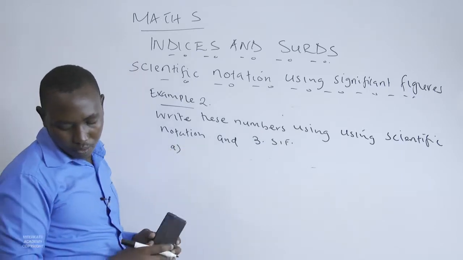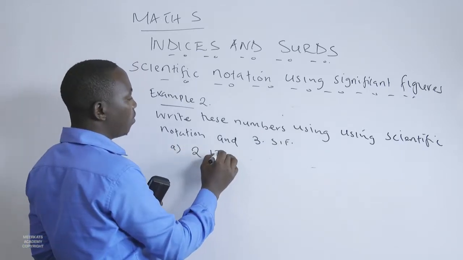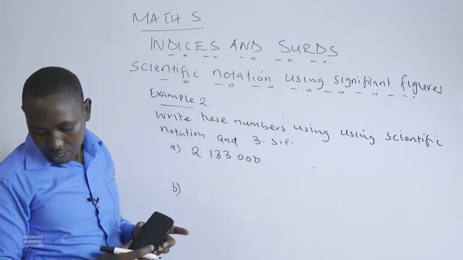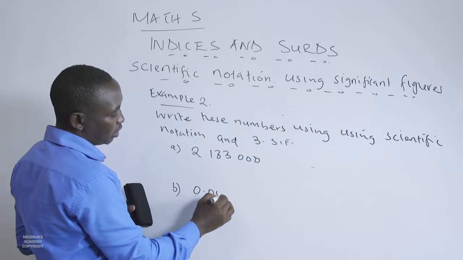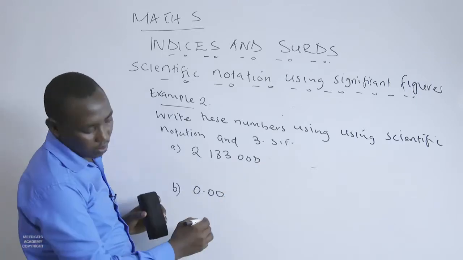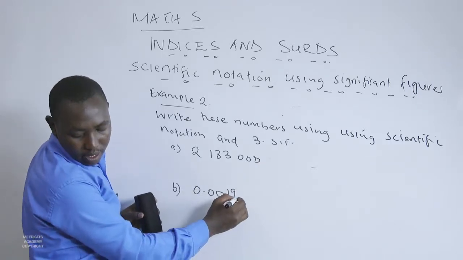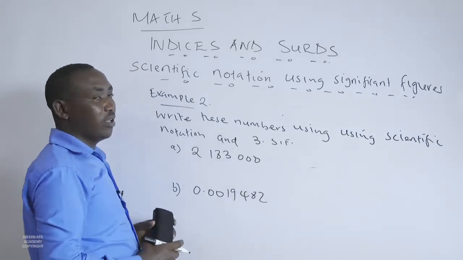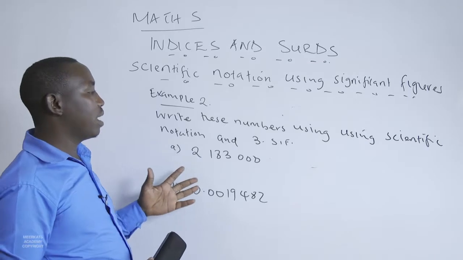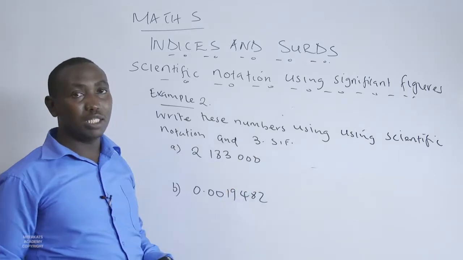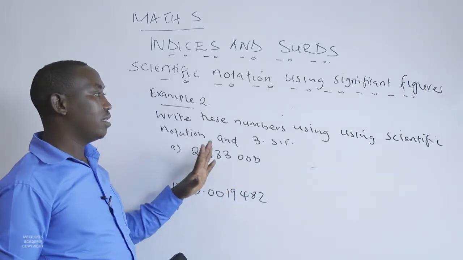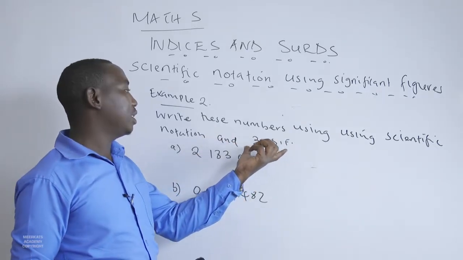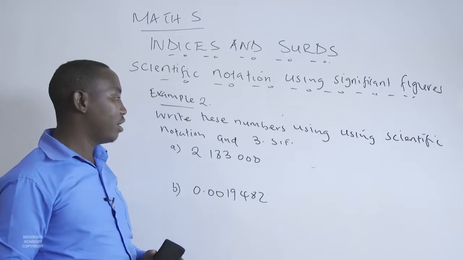Number A, we have 2,183,000. Part B, we have 0.0019482. So the first part deals with writing them in scientific notation. Then the other part is reducing them to 3 significant figures.